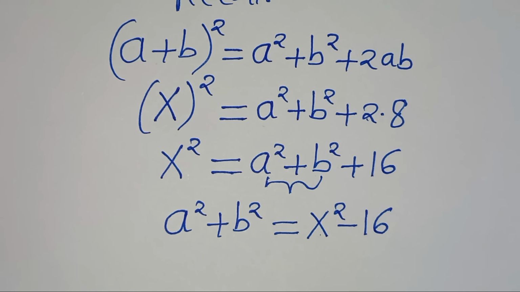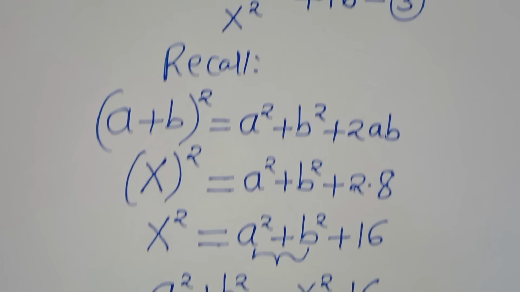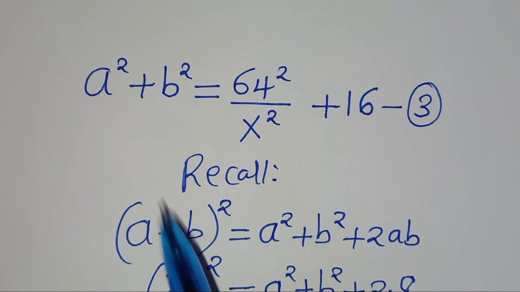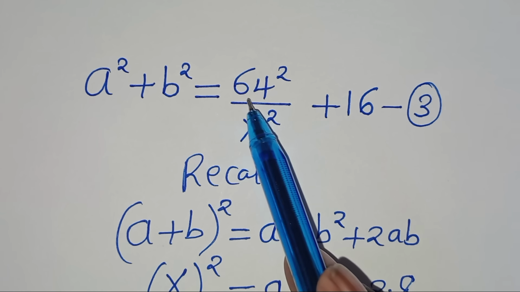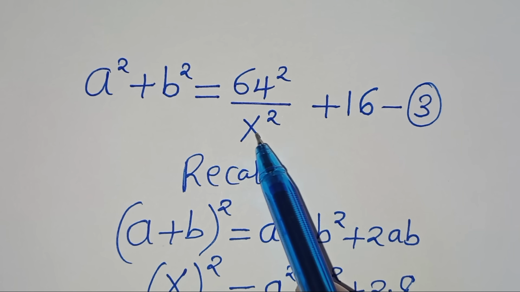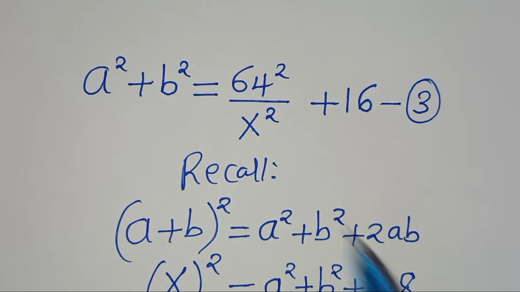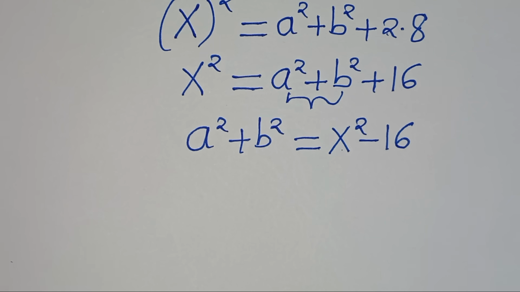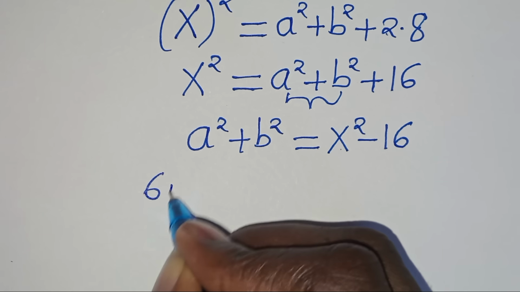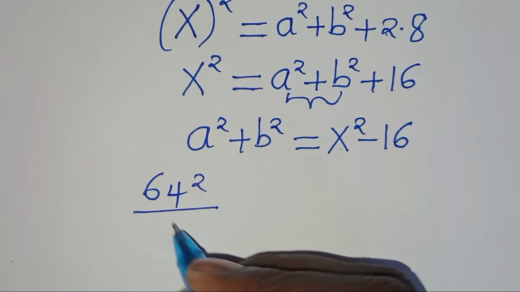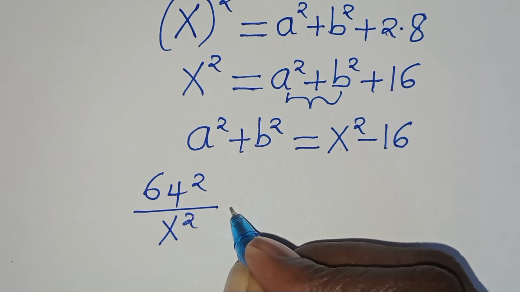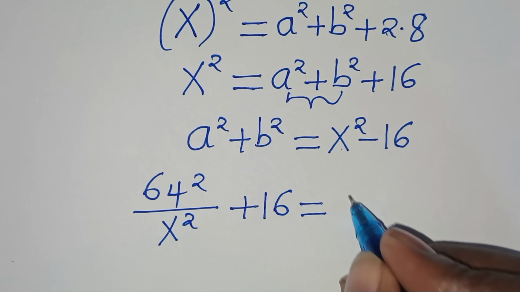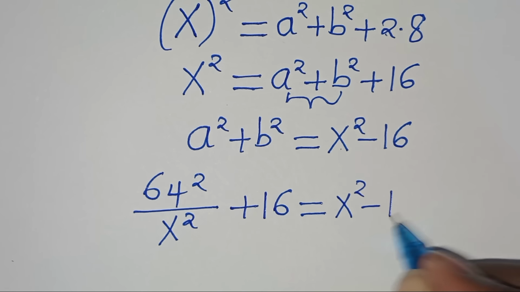Now, if you check equation 3, we have a squared plus b squared. This is the same thing as 64 squared over x squared plus 16. So let's substitute this. So we have 64 squared over x squared plus 16. This is equal to x squared minus 16.